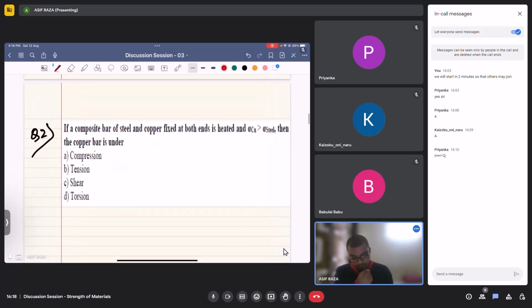So, the question is: if a composite bar of steel and copper fixed at both ends is heated, and it's given that the linear expansion of copper is greater than steel, then the copper bar is under: compression, tension, shear, or torsion.